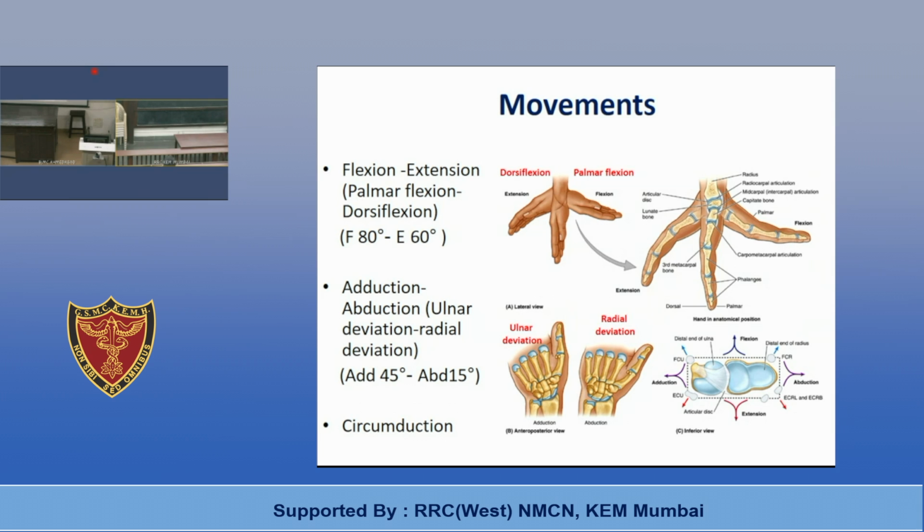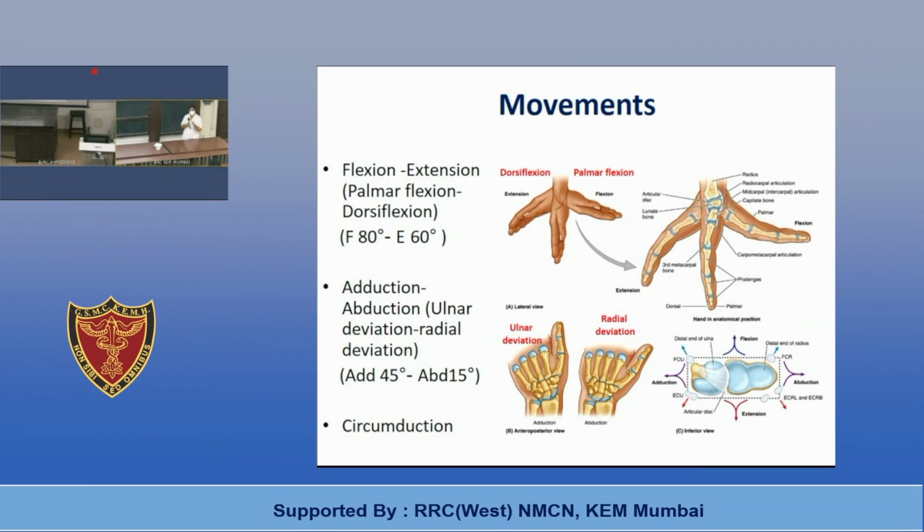Why is it called dorsiflexion? Actually, it is extension. Flexion is a decrease in the angle between adjoining surfaces and extension is an increase in the angle.